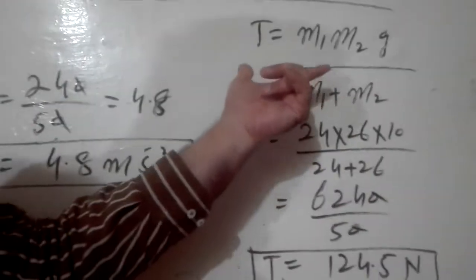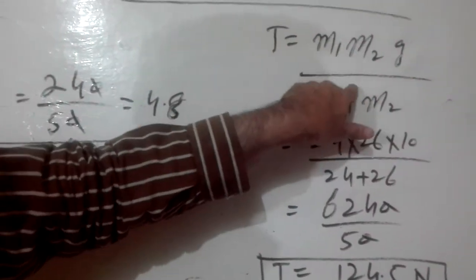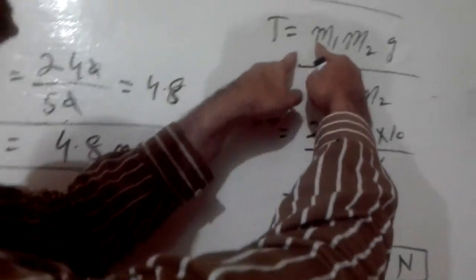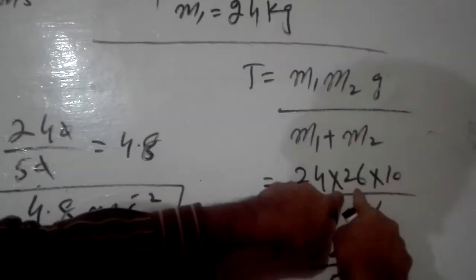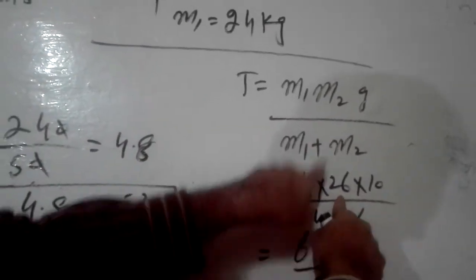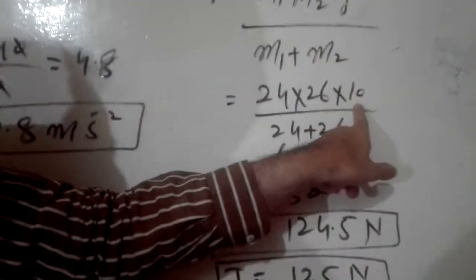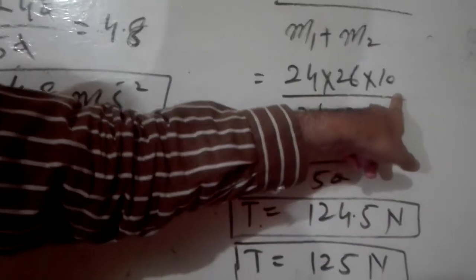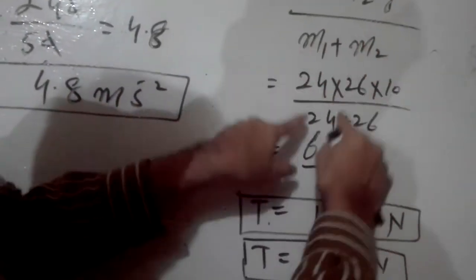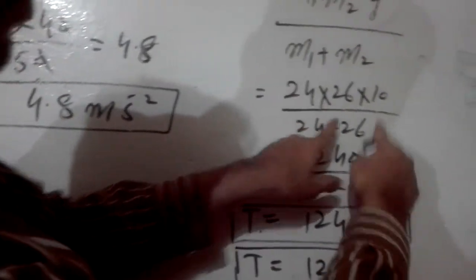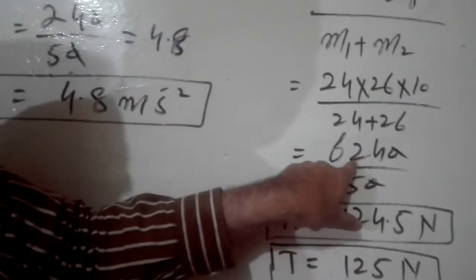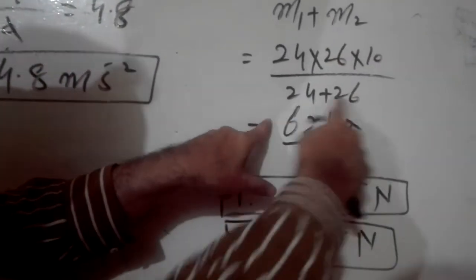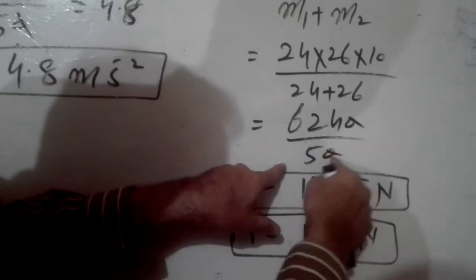Okay, if you have written the formula correctly, then just put in the values. M1 is 24, we know. M2 is 26, you multiply with this. The value of g is 10. You have also written g here, and you know the value of g is 10. Now add these two masses, 24 plus 26. When you multiply all these values, we get 6240 over 50. The 0 can be cancelled with this 0.